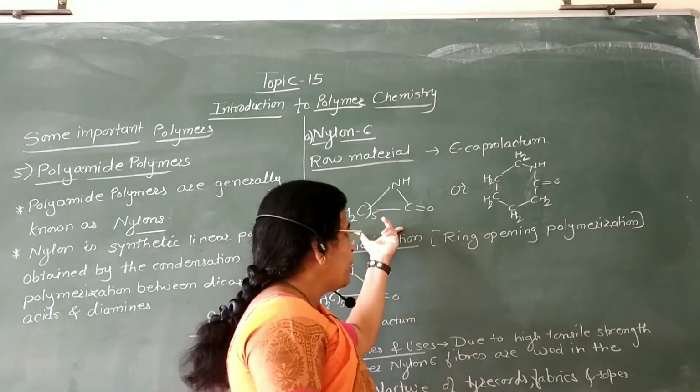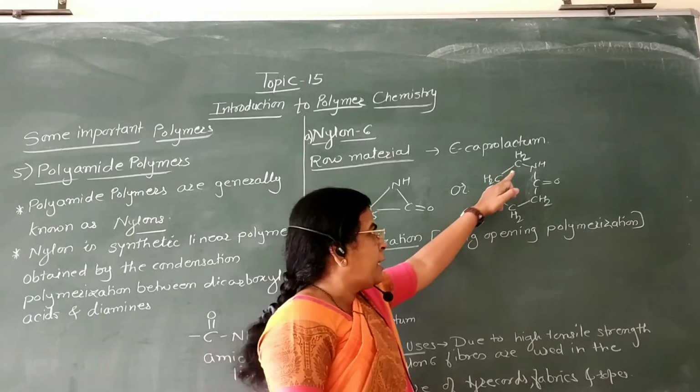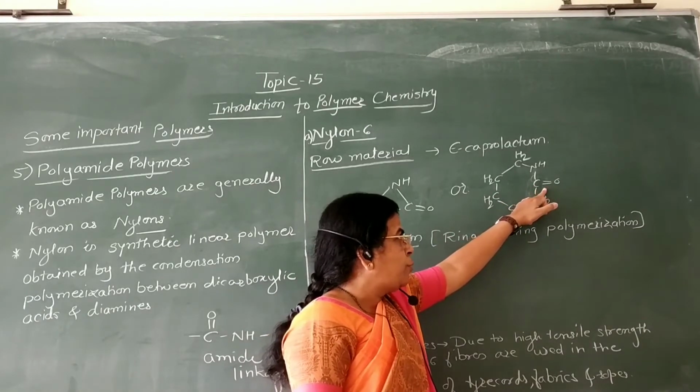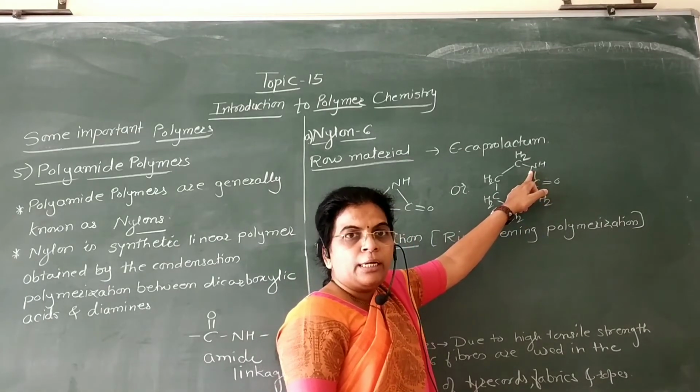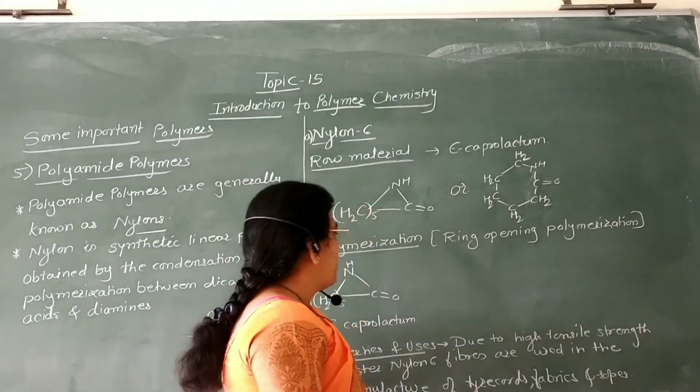The structure of epsilon caprolactam has 6 carbon atoms in the ring structure, with one carbonyl group bonded to a nitrogen atom or NH group. This is the structure of epsilon caprolactam.